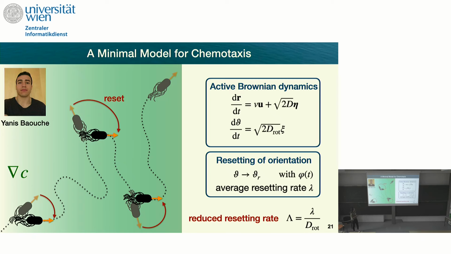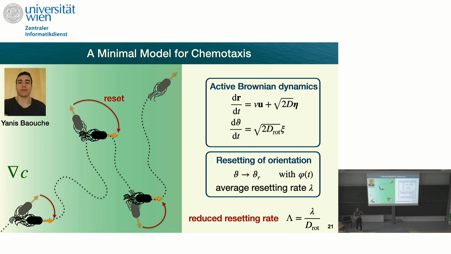And this is really PhD work of Yanis. What we look at is essentially active particles that move similar to an active Brownian particle, and at random times, they reset their swimming direction.